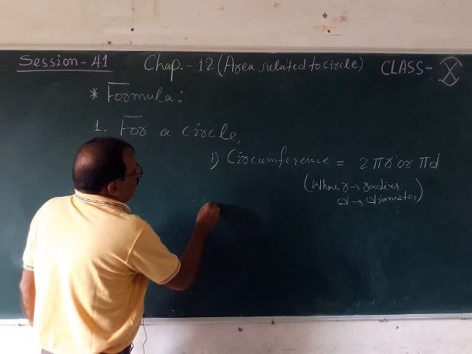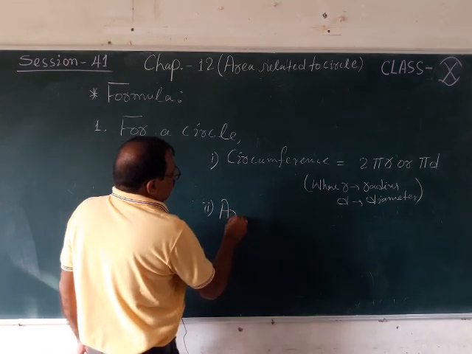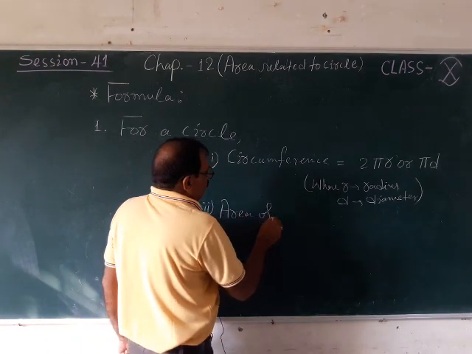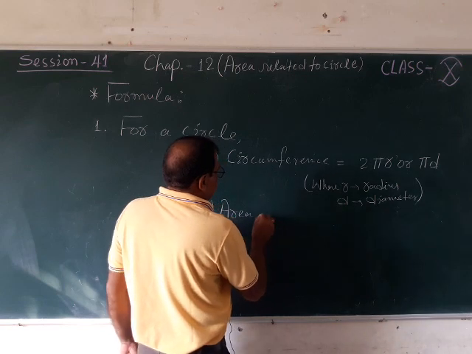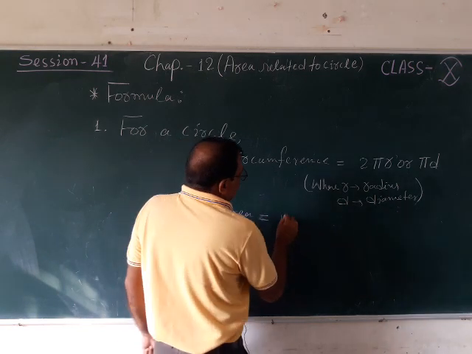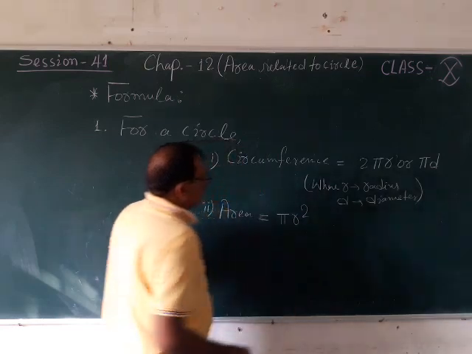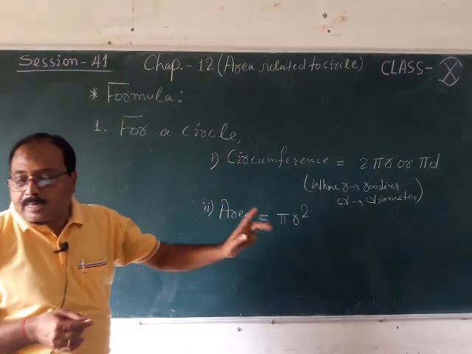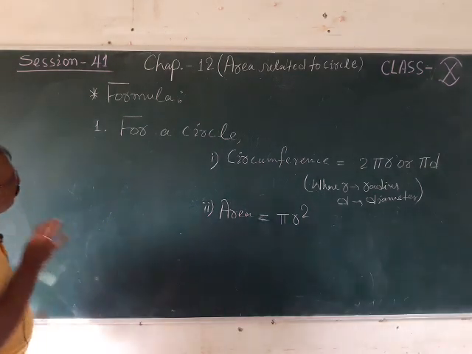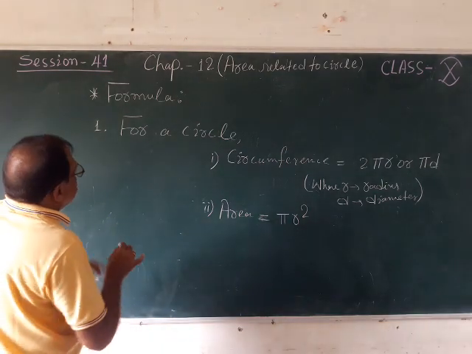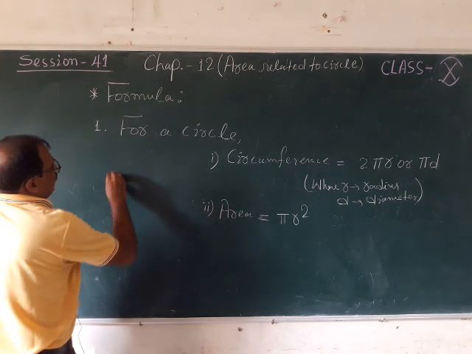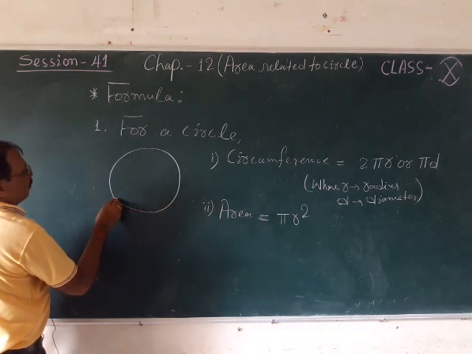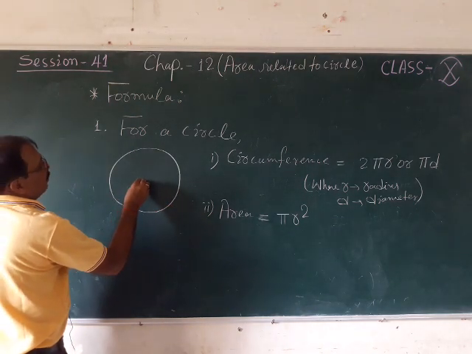Second thing, area of the circle. I have written the circle, so when I am writing area means you understand that it is the area of the circle. Area of the circle is given by the formula pi r square. And if I am talking about a circle, that means it is the entire complete circle.